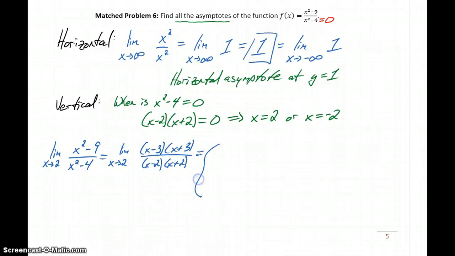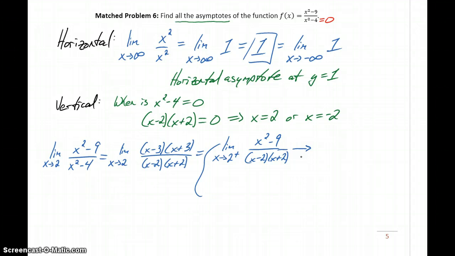So instead, what we'll need to consider are both the right and left-hand limits. So we'll start by considering x approaching 2 from the right-hand side of x squared minus 9 over x minus 2 times x plus 2. So again, I'm going to be specific. The way I do this is to not write an equal sign.